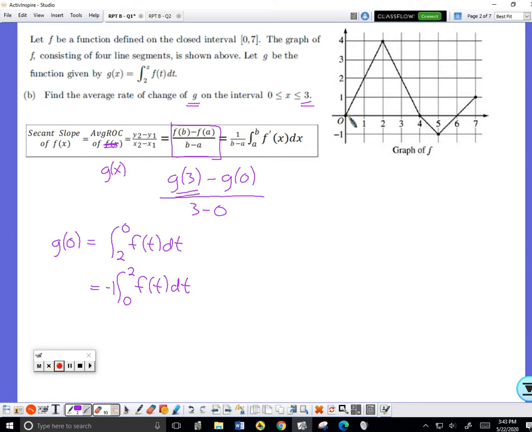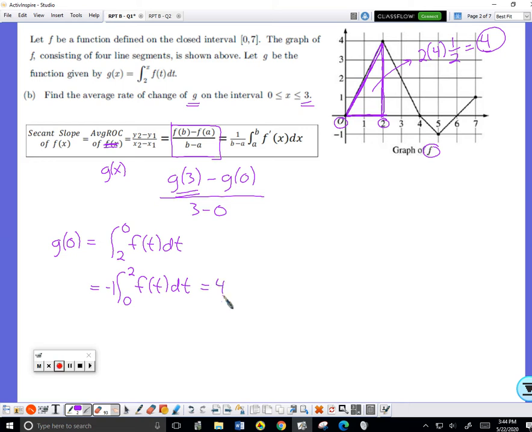So from 0 to 2, the graph of f is always positive. So all of this area counts positively. We are 2 by 4. So this is going to be 2 times 4 multiplied by 1/2, which turns out to be 4. So g of 0 is 4.